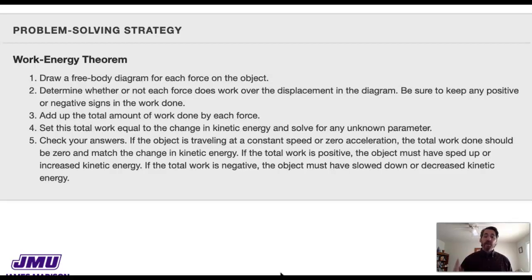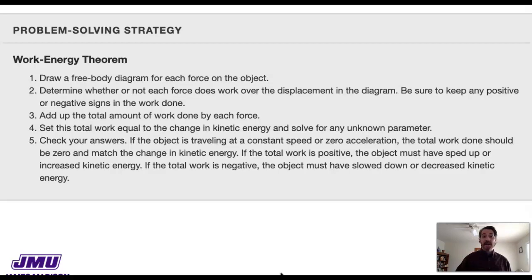You will evaluate whether each force acting on the object does work over the displacement that is shown in this particular problem. If you're not sure, then do the calculation, and the working may come out to be 0 joules. As it says here, you add up the work done by all the different forces, keeping track of what's positive, what's negative, and of course what's 0.